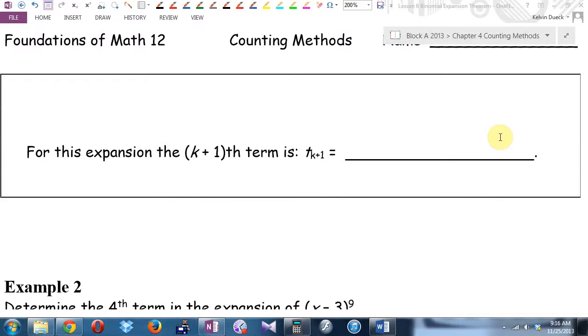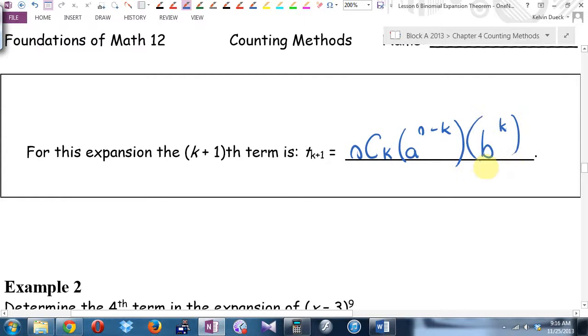Term k plus 1, and this is on your yellow formula sheet, is equal to n choose k, a to the n minus k, b to the k. You don't have to memorize that. It's on your formula sheet, but you are going to have to know how to use this, and I'll show you how we use this in just a second. It's far less confusing than it looks.